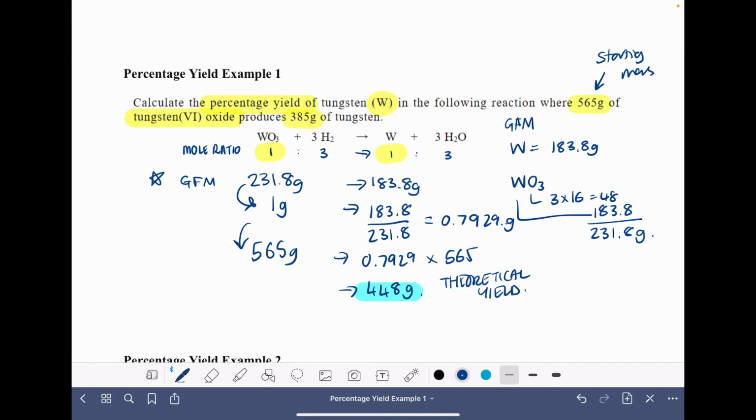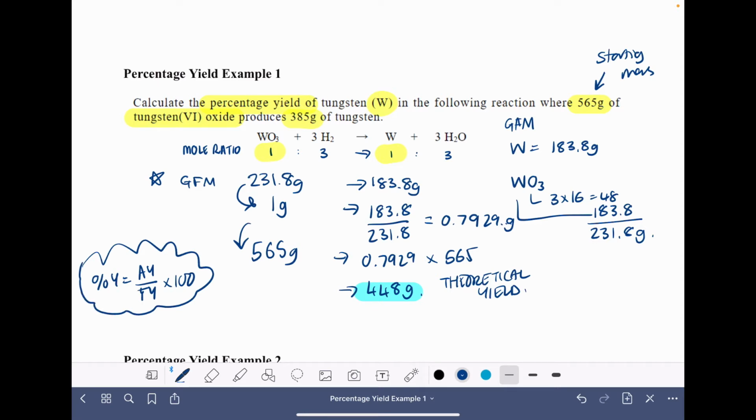It's the maximum possible mass of product based on a certain starting mass of reactant. Now, we need to look at our percentage yield equation. So percentage yield is equal to the actual yield divided by the theoretical yield multiplied by 100. So let's keep that to the side there.